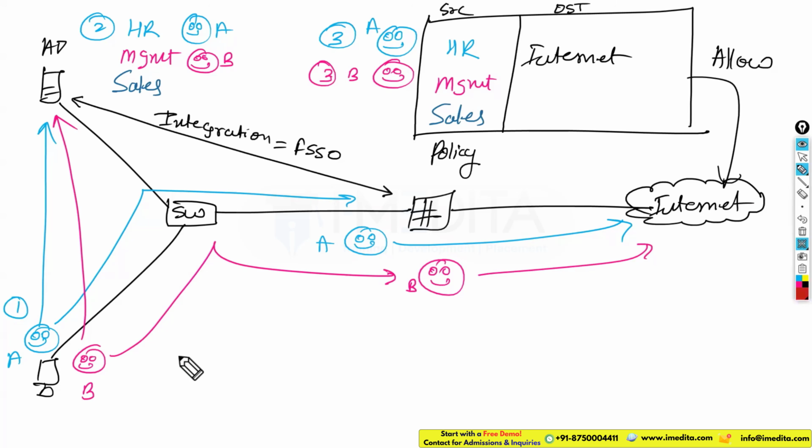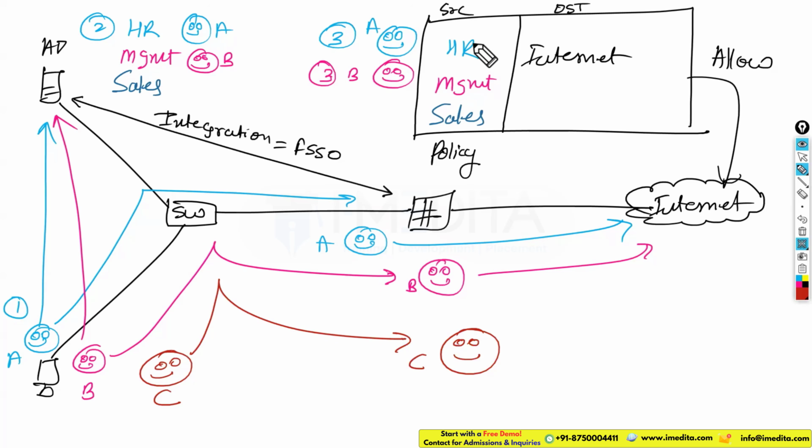If another user like C doesn't belong to AD, and goes to the firewall, user C is not belonging to any group, then it will be denied here.